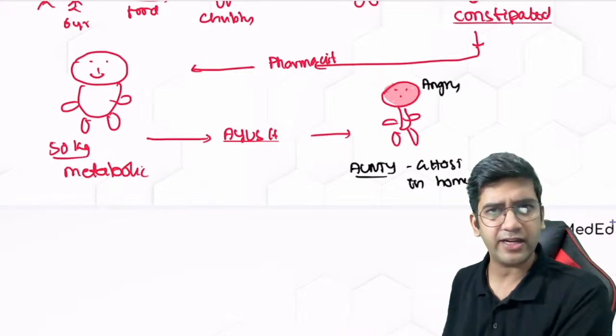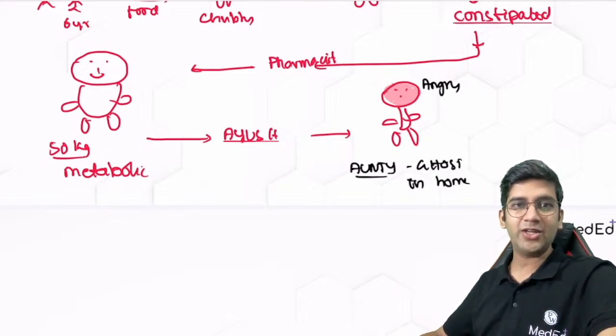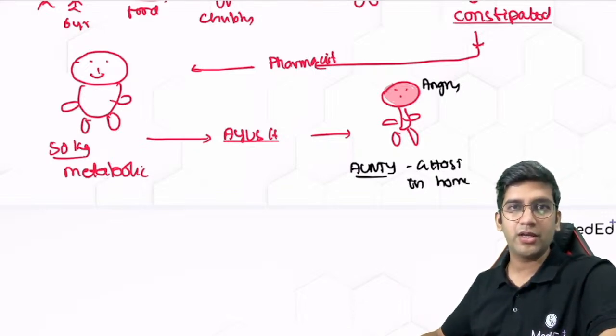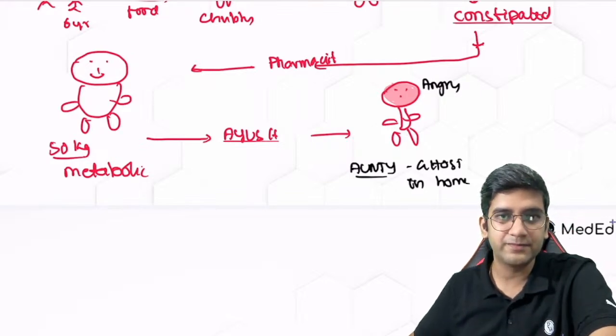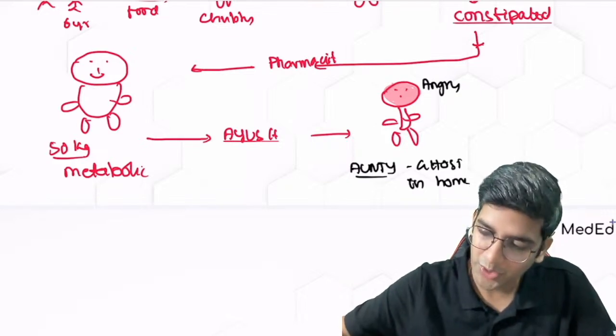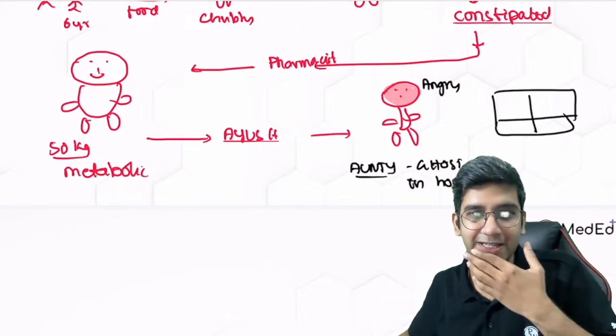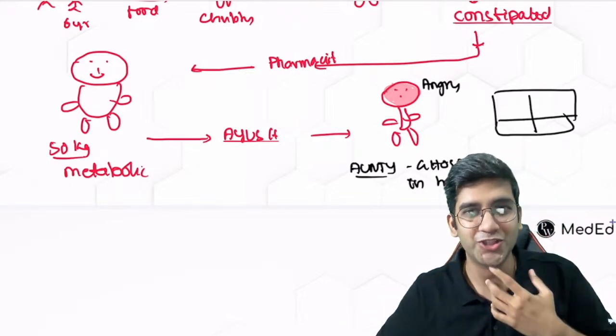If you're extremely angry at the auntie, I'm sure you must comment on this. Whom do you scold? The auntie or your mother? Whom do you scold? Obviously we scold the mother, right? So what happens is we were angry at the auntie. Next time when you're angry at the auntie, scold the auntie and not the mother.